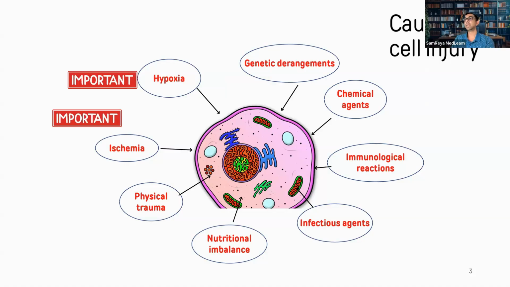In many of your exam questions, they keep asking you about hypoxia and ischemia. These are two different words. They are related, but they are different. Hypoxia simply means less oxygen in the flowing blood. That is hypoxia. So can it cause injury?